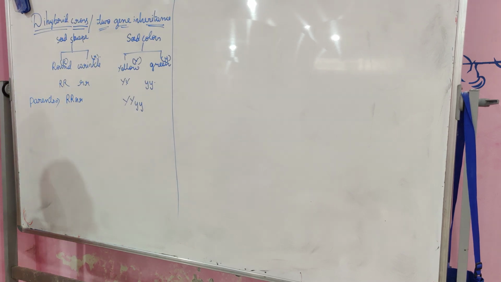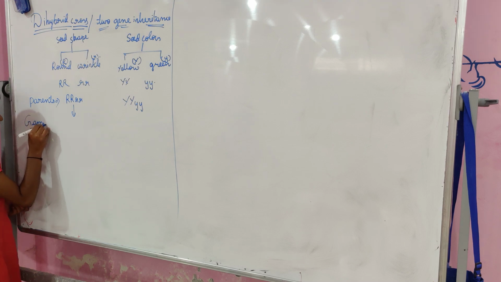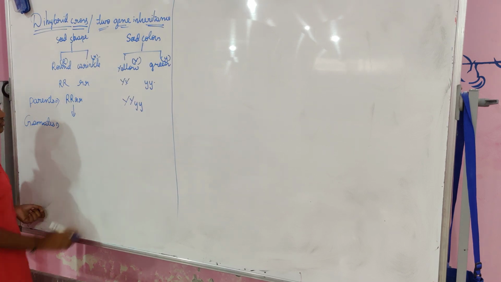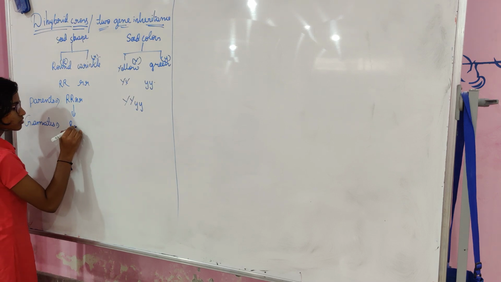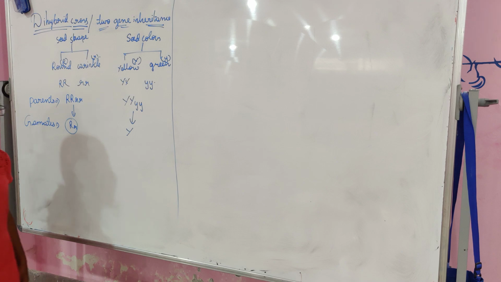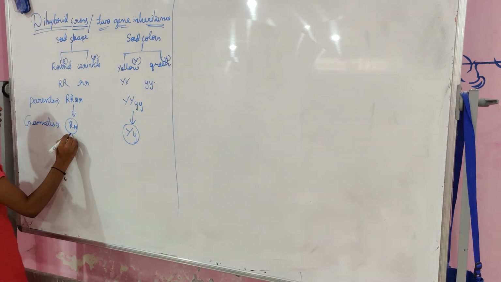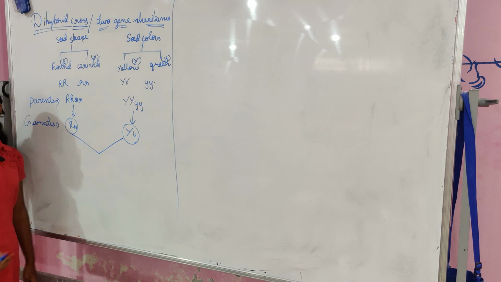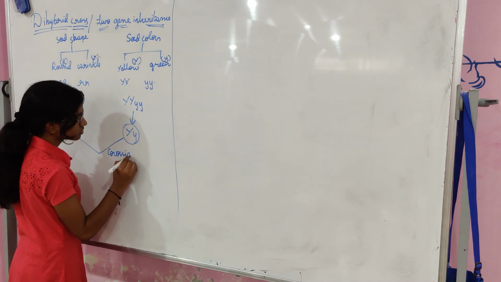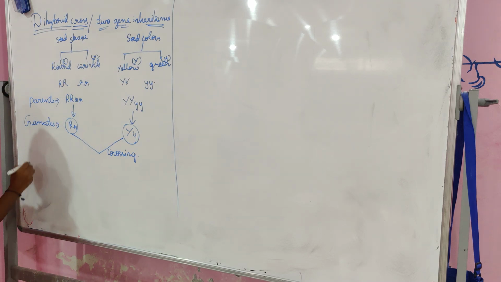So when I take the gametes of these, what would the gametes be? Capital R, small r. Capital Y, small y. So he did crossing between these, like we did in monohybrid. So what will be the F1 generation here?